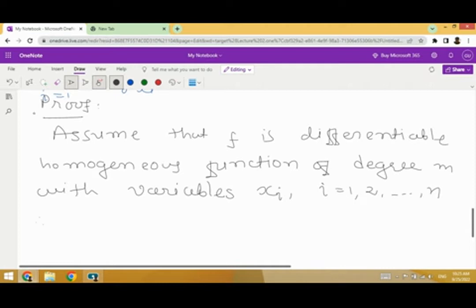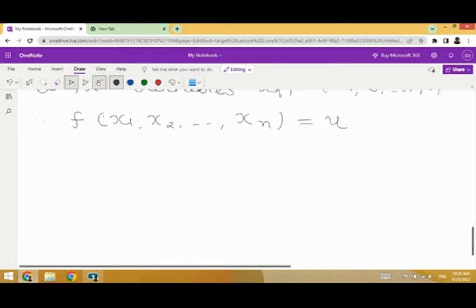For that we consider the function f of x1, x2 up to xn, and we give this function the name u. We take x1 common from u and we have u is equal to x1 raised to m f of x2 upon x1, x3 upon x1 up to xn upon x1.